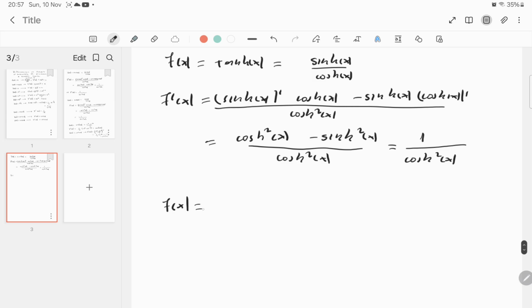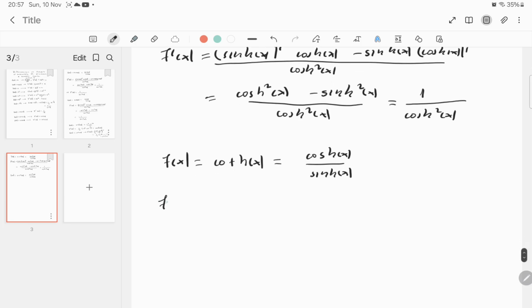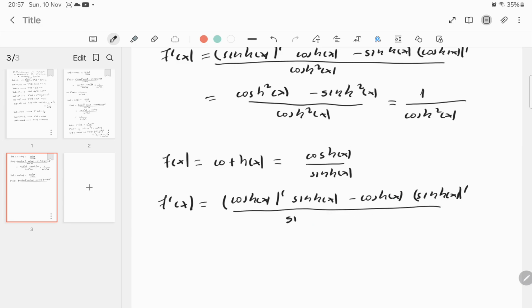F of x equals cotangent hyperbolic of x, and this is cos hyperbolic of x over sine hyperbolic of x. Let's calculate the derivative: cos hyperbolic of x prime times sine hyperbolic of x minus cos hyperbolic of x times sine hyperbolic of x prime, divided by sine hyperbolic squared of x.